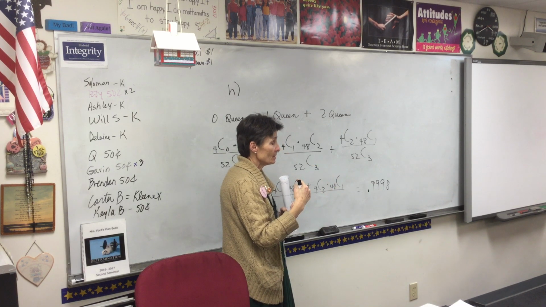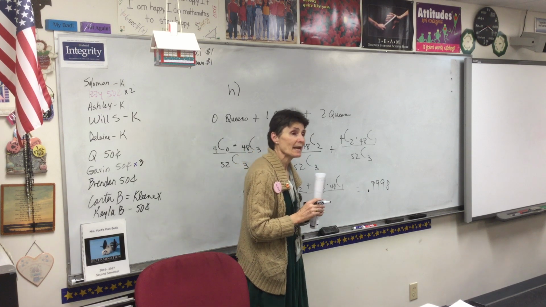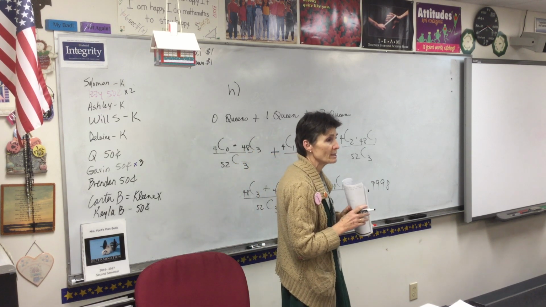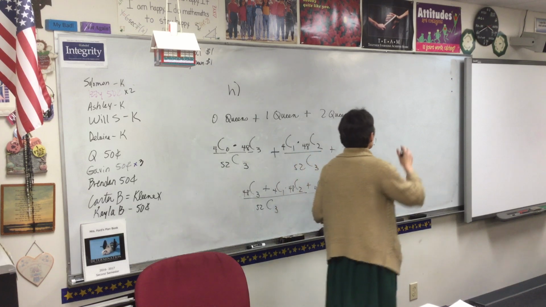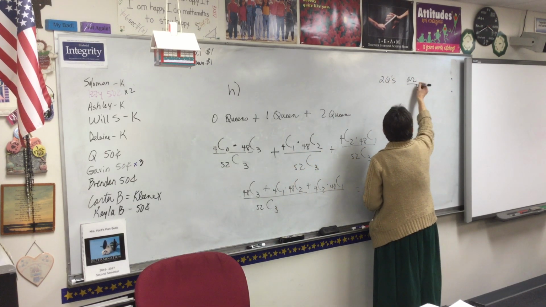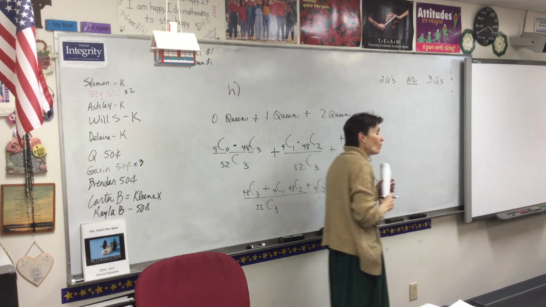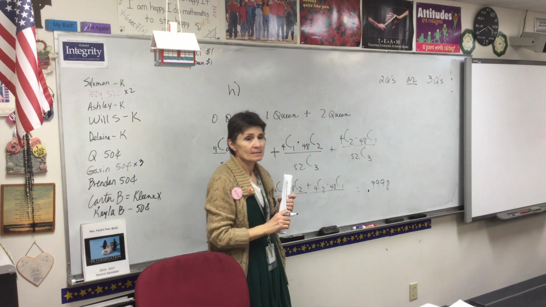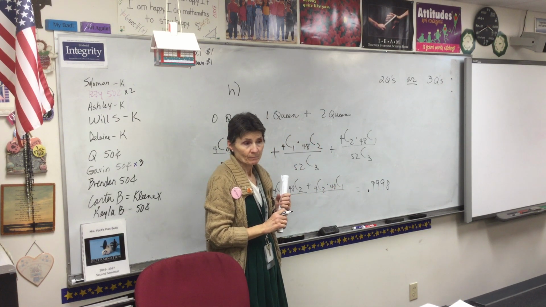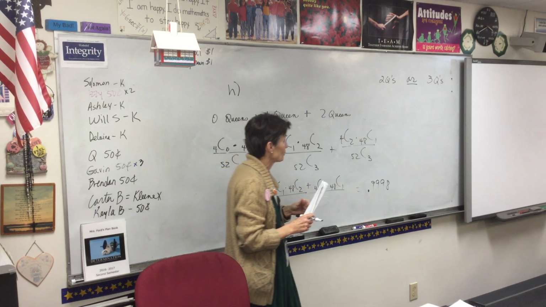Okay? Here we go. At least 2 queens. How does that happen? At least 2 queens. What does that mean? 2 or more. I could get 2 queens, or I could get 3 queens, right? Now I can't get any more than that because I'm only picking 3 cards. But I could get 2, or I could get 3.